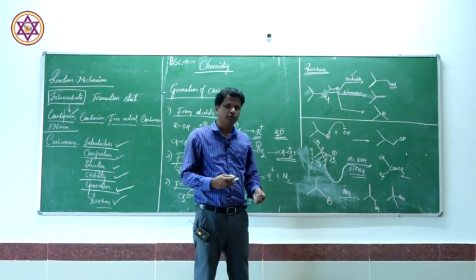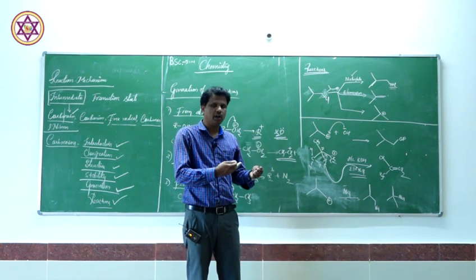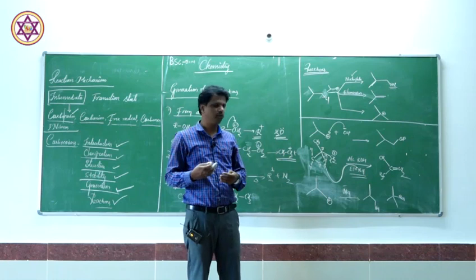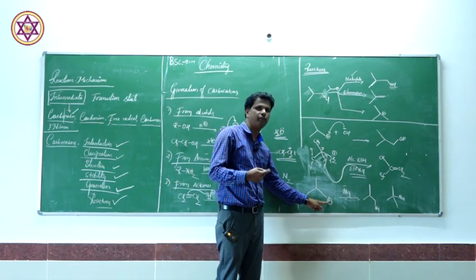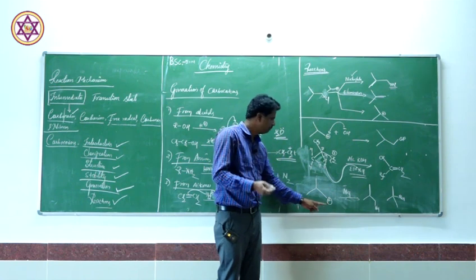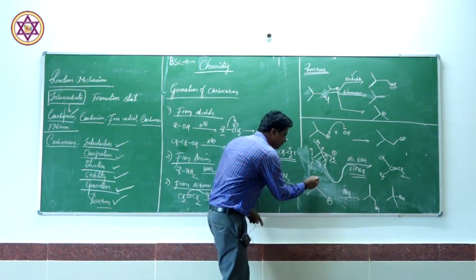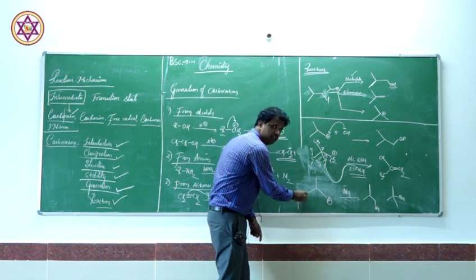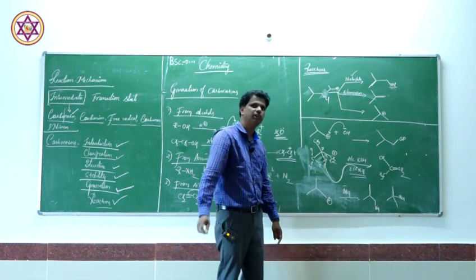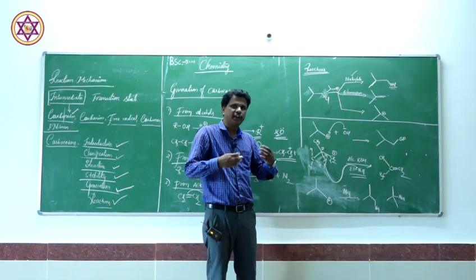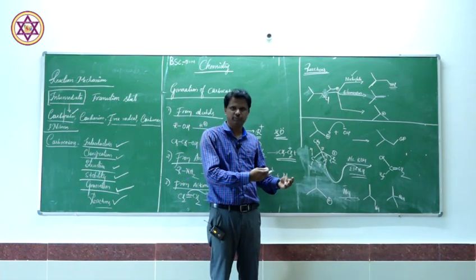We already know the concept that a primary carbocation is less stable than a tertiary carbocation. Here the primary carbocation is formed, but there is a possibility of forming a tertiary carbocation. If you shift this positive charge here, it is primary. If you shift it here, primary. But if you shift the same positive charge to this carbon atom, it becomes tertiary. The molecule tries to adapt itself to the best place possible.